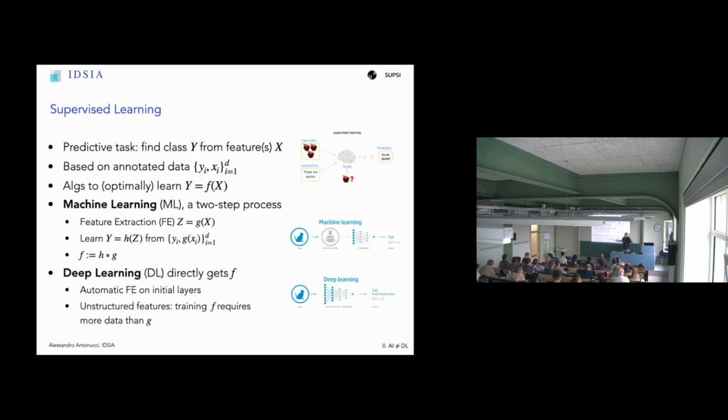So this is perfect. No, it's not perfect, because in the feature extraction there is some knowledge, some information. So if you don't do feature extraction, typically you need more data. So deep learning approaches are greedy with respect to data. They typically need lots of data.